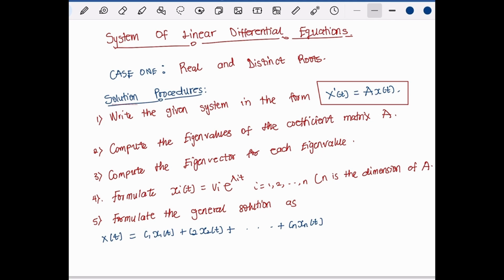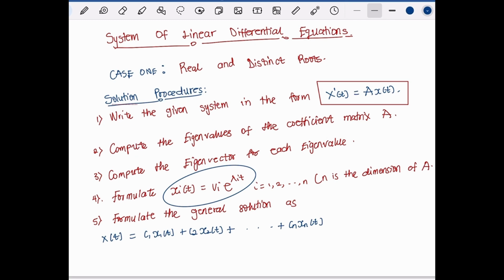Our next step is to compute the eigenvalues of A. Then we find the eigenvector for each eigenvalue. After we are done finding our eigenvalues and eigenvectors, we formulate xi as vi e to the power lambda i t, where vi is the eigenvector associated with eigenvalue lambda i.